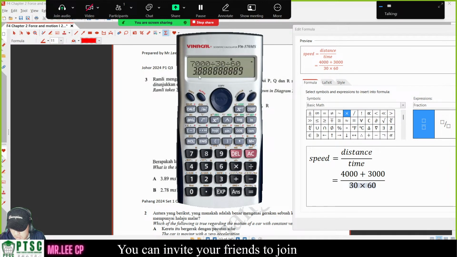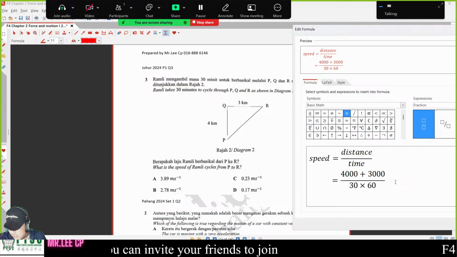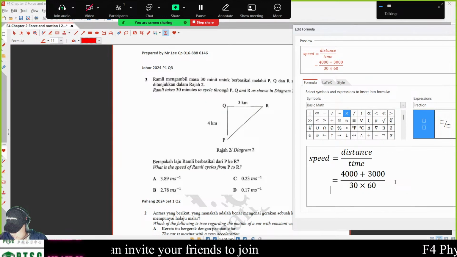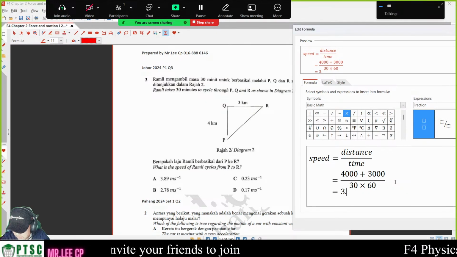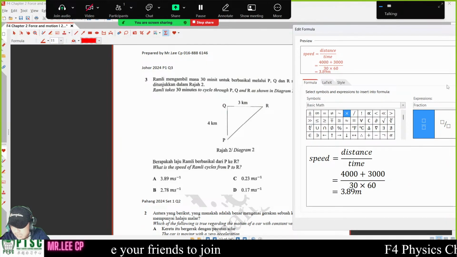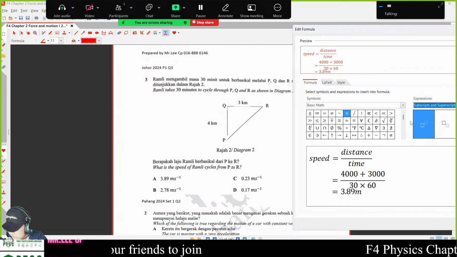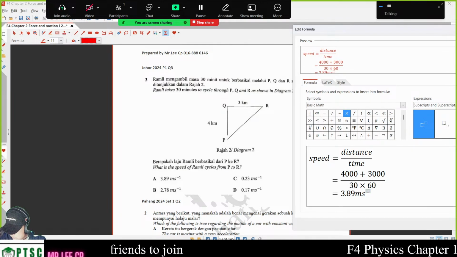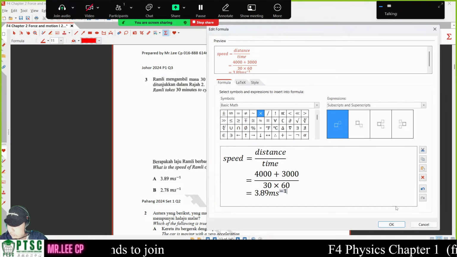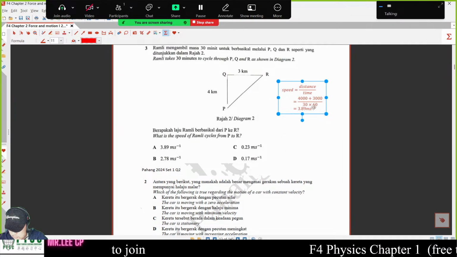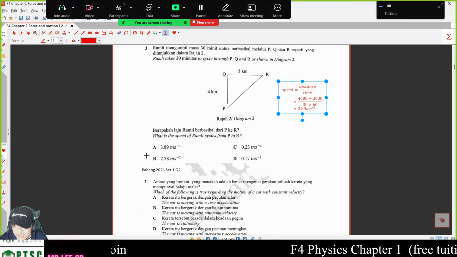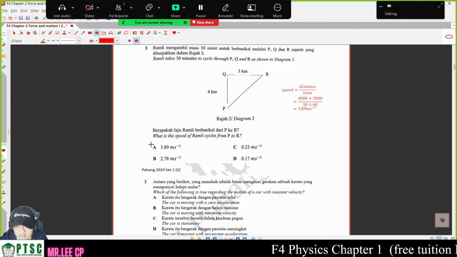So altogether I will get 3.89. So the answer is 3.89. Unit is m s negative 1. So the answer is A.